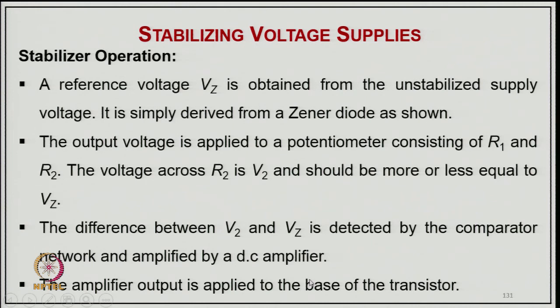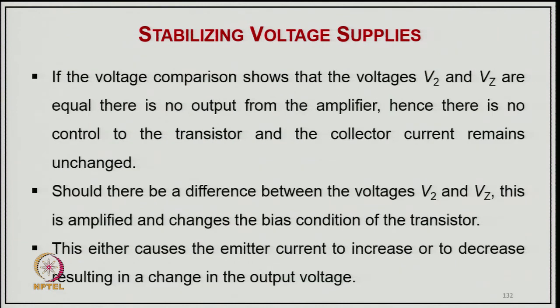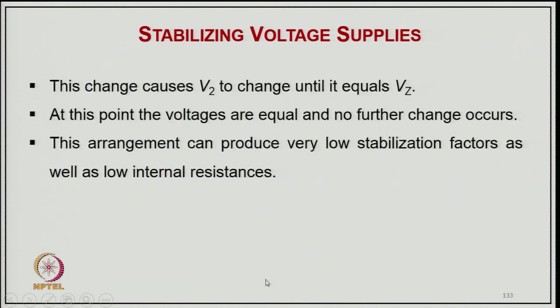The amplifier output is applied to the base of the transistor. If the voltage comparison shows that V2 and VZ are equal, there is no output from the amplifier, hence no control of the transistor, and the collector current remains unchanged. Should there be a difference between V2 and VZ, it is amplified and changes the bias condition of the transistor, which causes the emitter current to either increase or decrease, changing the output voltage.